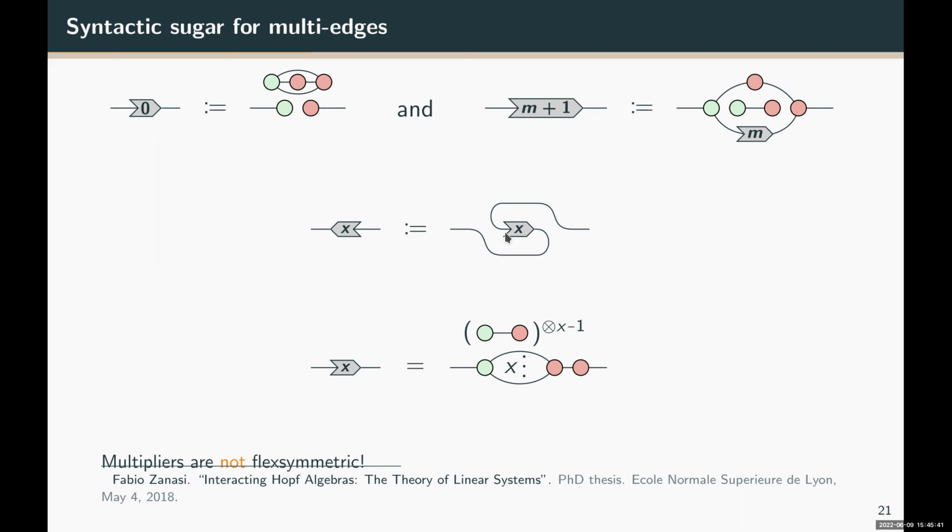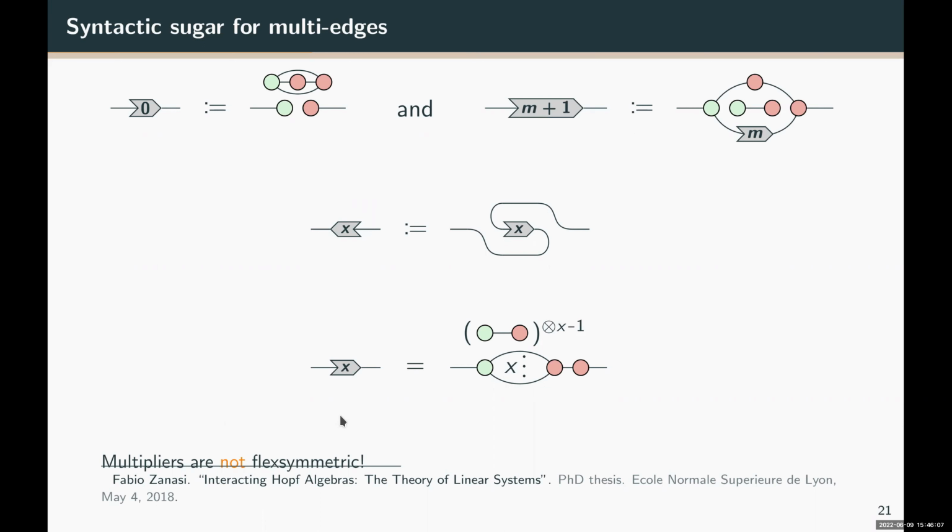And this is one reason why I didn't include these guys straight up within the generators themselves, because I wanted to maintain this flexometry for the language. Having said that, they are pretty useful for reducing the size of diagrams and making some arguments clear.